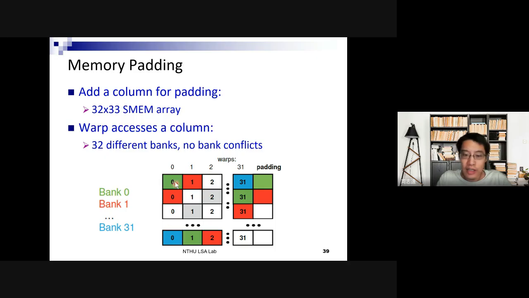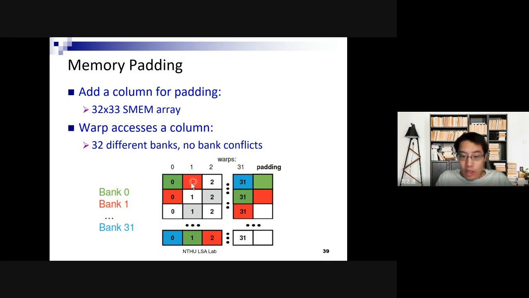In this case, for every column, the elements stripe across different banks. If they are colored in different colors, they are located on different banks. So when we read out the same column at the same time, they are on different banks, so there is no bank conflict.